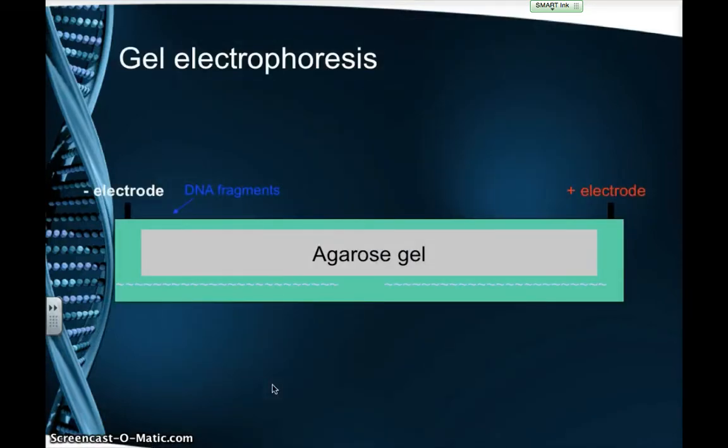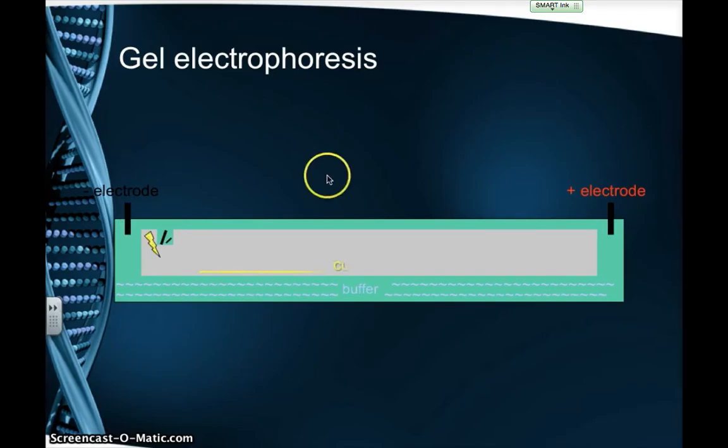Again, here's our gel, noticing that we have a negative charge here and a positive charge on the other end. Label that on your notes right now. The DNA fragments then get added, and what are we adding here? Notice that in the picture, you see an electric current, that little lightning bolt. So we actually plug the gel electrophoresis in and allow electricity to move the DNA strands across this gel.